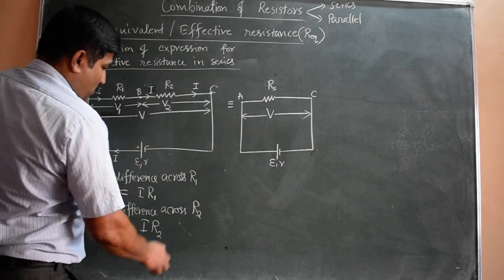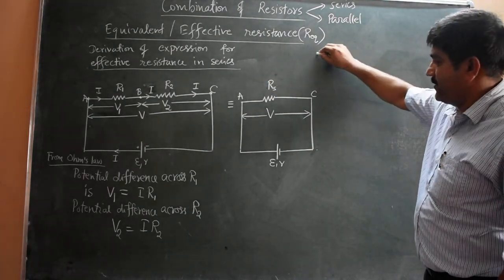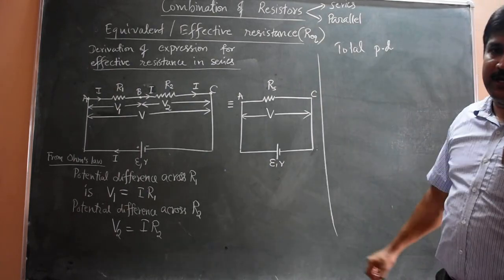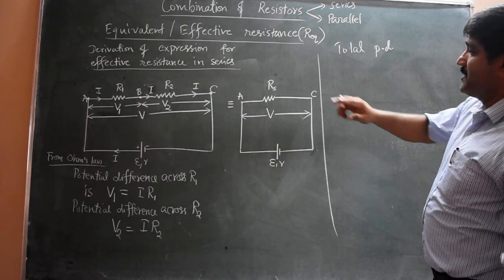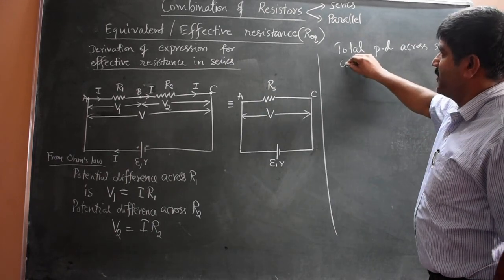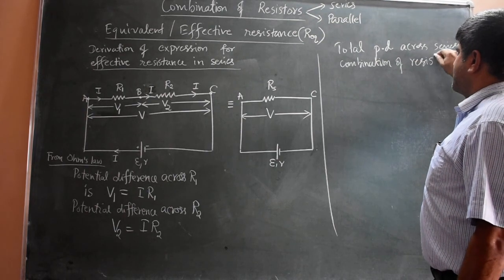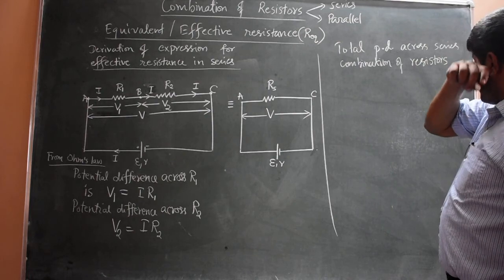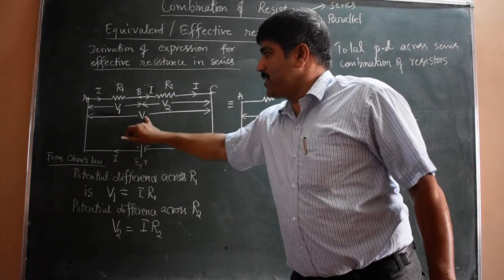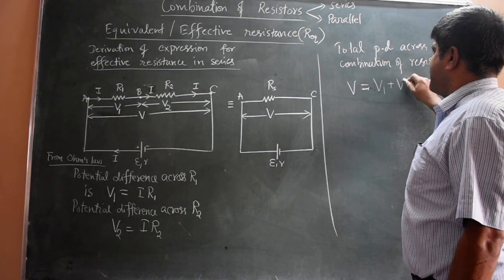Next, the total potential difference across the series combination of resistors, V, is the sum of the potential differences across each resistor, that is V equal to V1 plus V2.